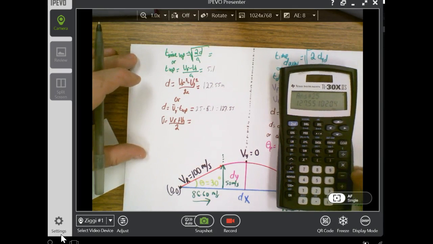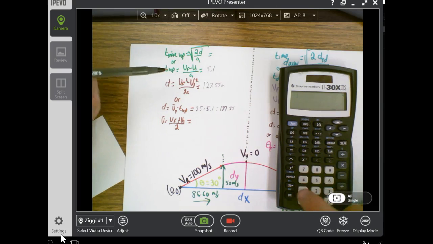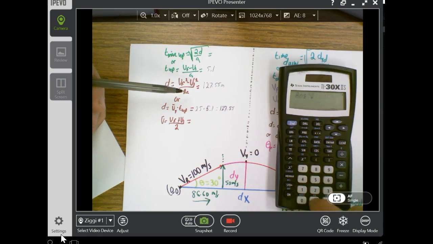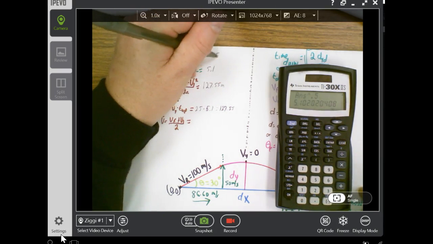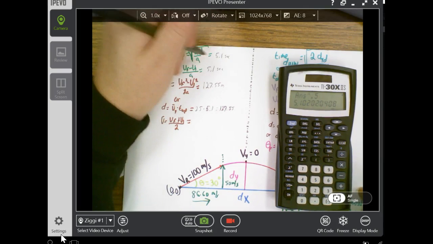Let's double check that our time up is correct. If distance is 127.55, which we're pretty sure of, times 2, divide by 9.8, and afterwards I take the square root, I once again get 5.1 seconds. So I've gotten 5.1 seconds twice.